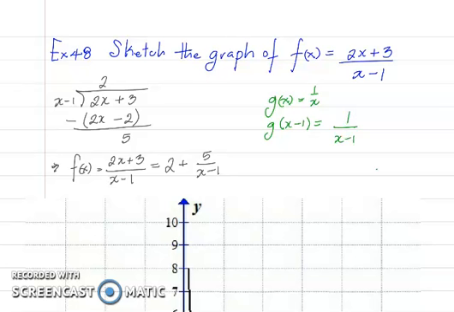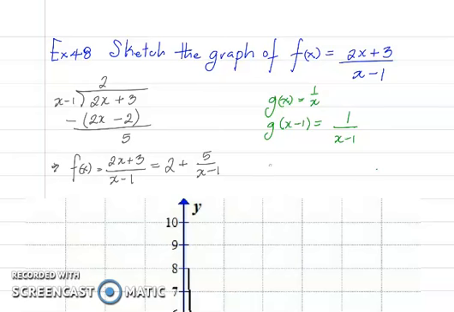Now I could obtain the graph of g of x minus 1 from the graph of g of x by a horizontal translation of 1 unit, or by moving the graph of g of x is equal to 1 over x 1 unit to the right.